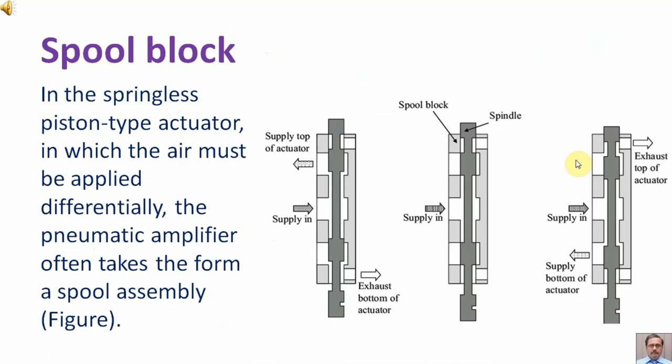Spool block in the springless piston type actuator, in which the air must be applied differentially. The pneumatic amplifier often takes the form of a spool assembly as shown in figure.